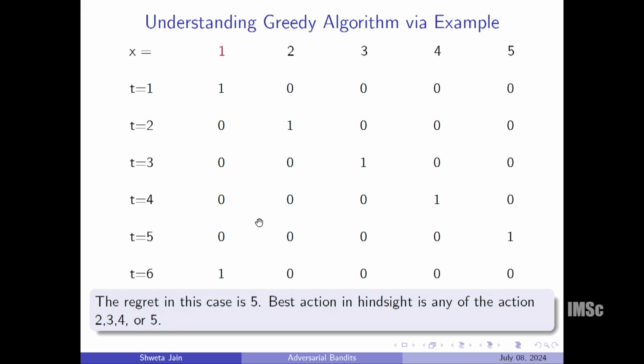Okay. The greedy was breaking the tie deterministically, picking the least index one. The randomized algorithm is basically assigning the probabilities. So, at t equals 2, what will it do? It will pull the second arm with probability 1 by 4, third arm with probability 1 by 4, fourth arm with probability 1 by 4 and fifth arm with probability 1 by 4.